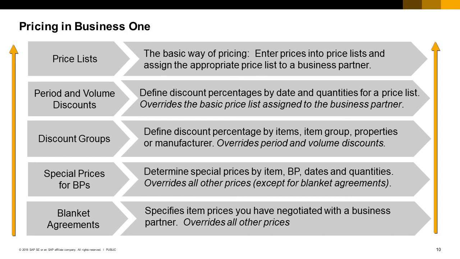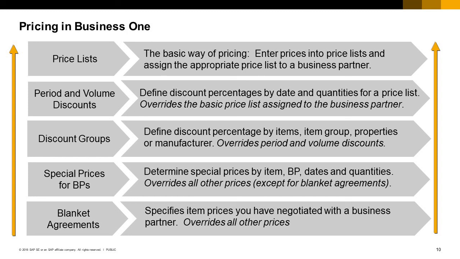When the system searches for a price, it looks for the most specific type of price first. So, that means it starts with the types of prices listed in the opposite order of how they have been introduced in this graphic. The system starts looking for an applicable specific blanket agreement containing a price. If there is no specific blanket agreement that applies, then it looks for a special price for that business partner.